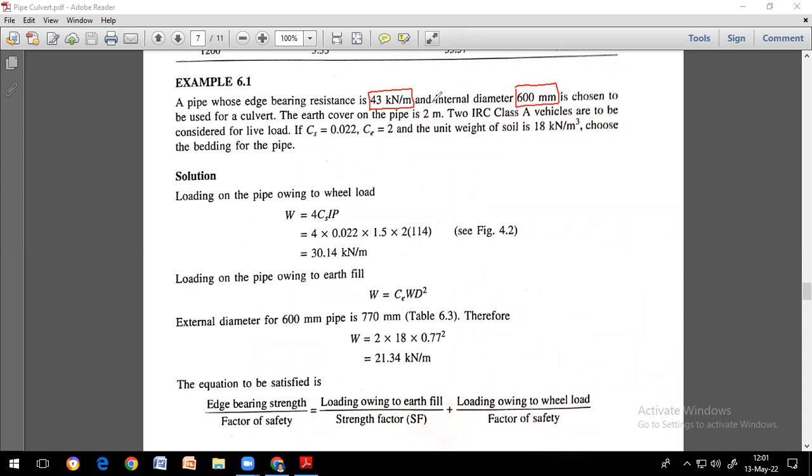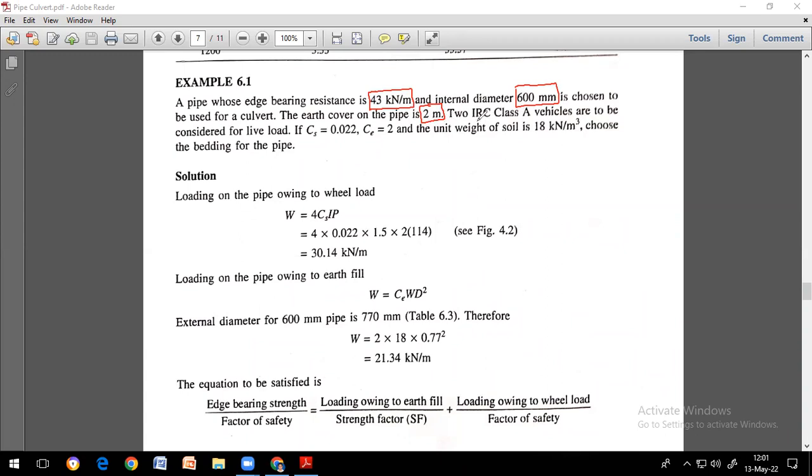So there is a pipe having an internal diameter of 600 mm and the edge bearing resistance is 43 kilonewton per meter. The earth cover on the pipe is 2 meters.